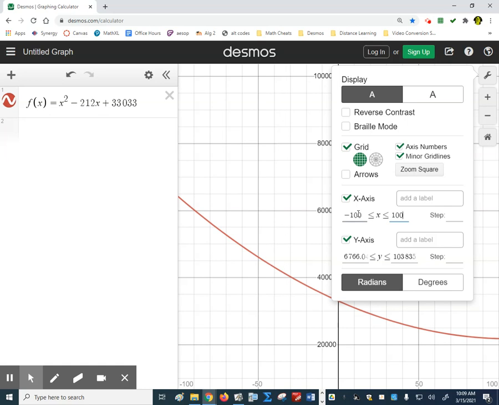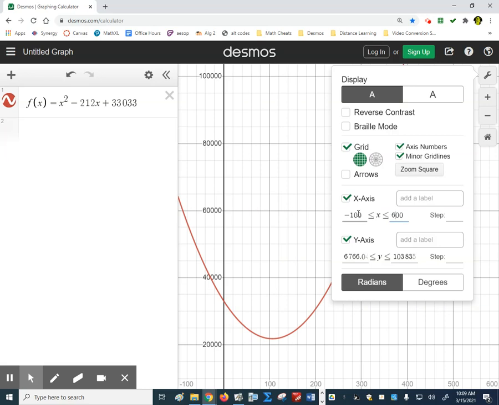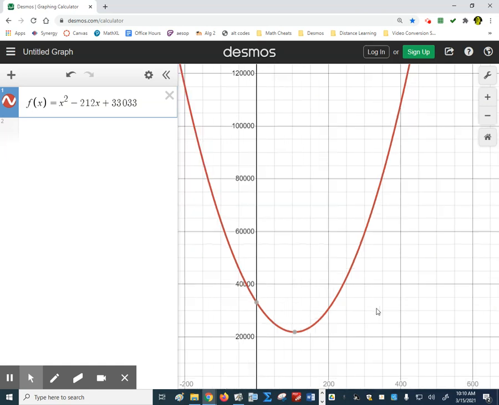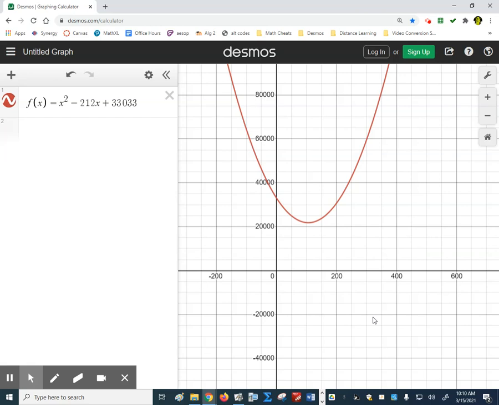We've got to go a little more than that, so positive 600, there we go. Okay, so look, that one doesn't have any solutions, does it? So no x-intercepts.